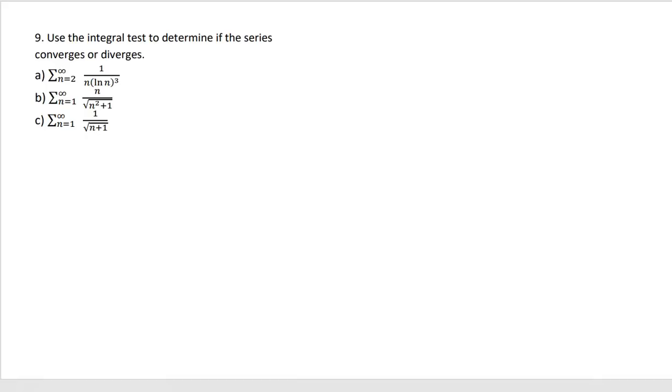Okay, use the integral test to determine if the series converges or diverges. Now you're adding 1 over n times (ln n)^3, and the integral test says that you replace n by x, so 1 over x (ln x)^3 dx, and instead of adding from 2 to infinity, you integrate from 2 to infinity.